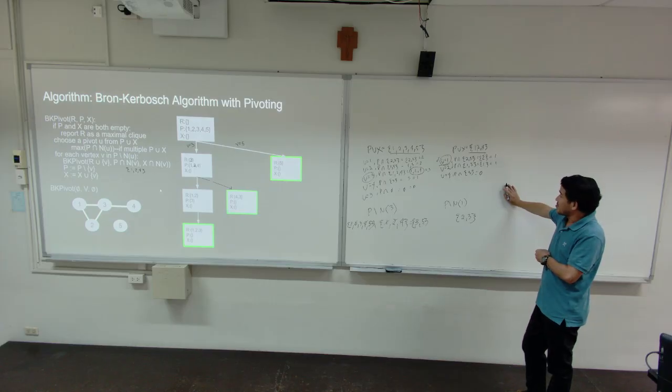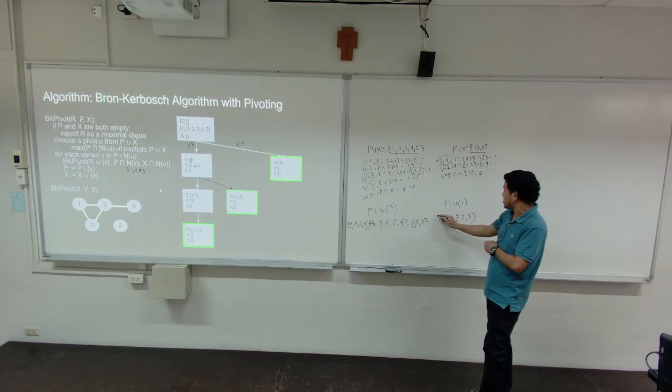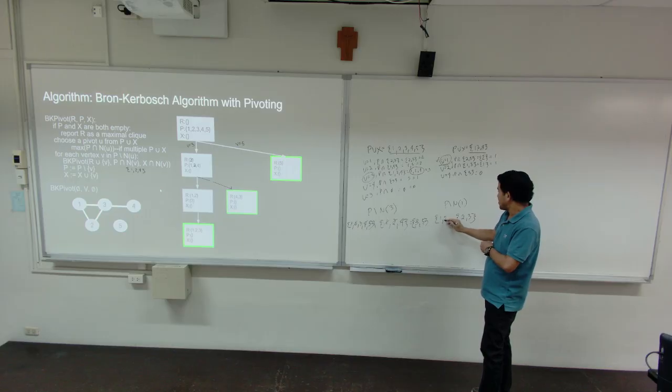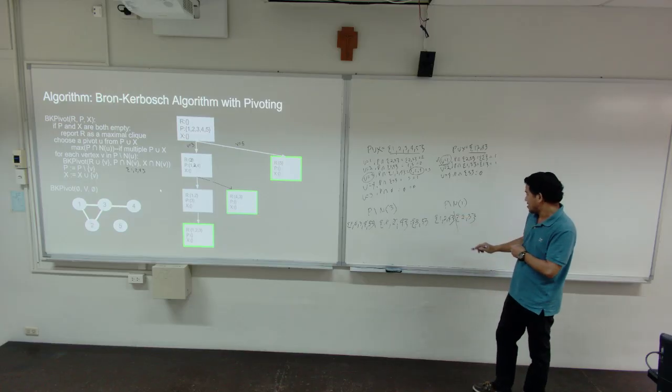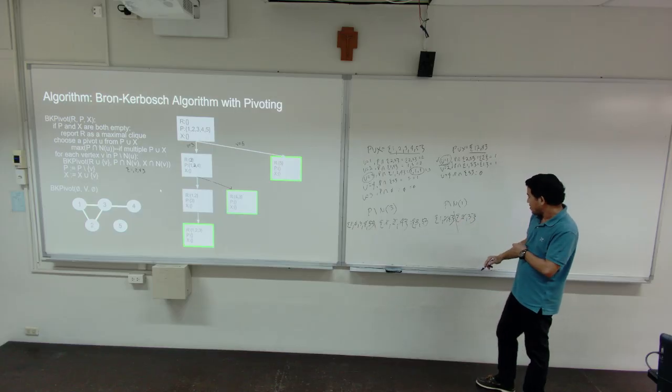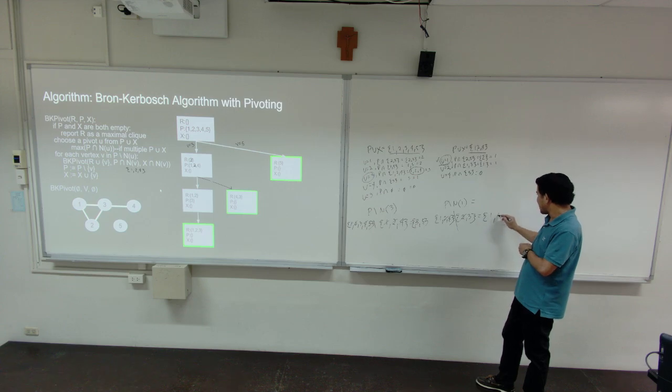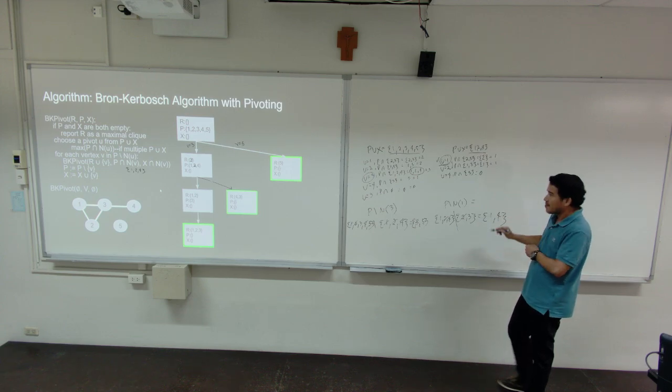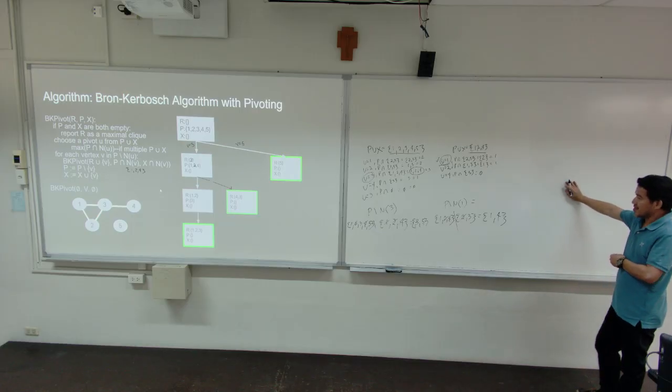Okay, next, what's the value of P? It is 1, 2, and then 4. So we have 2. 3 is nowhere here. Okay, so we have 1 and then 4. Okay? We have 1 and 4.